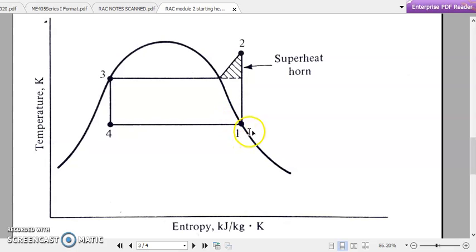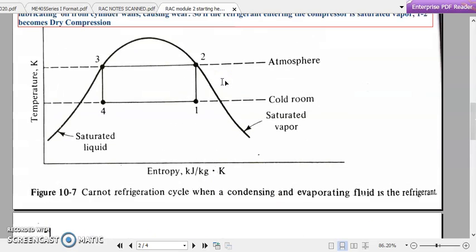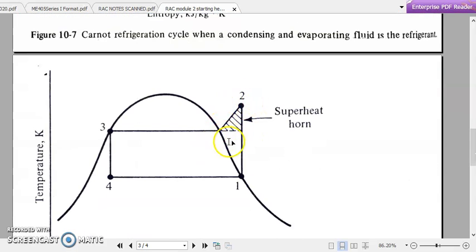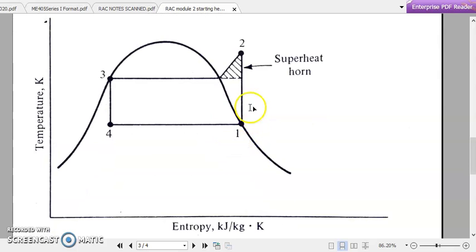So again we are supplying energy, or again compressing the same vapor, and it will slowly be transformed to a superheated state. Comparing with the earlier diagram, if we go for dry compression for 1 to 2, an additional area like this shaded area can be obtained, and this area is called the superheat horn.